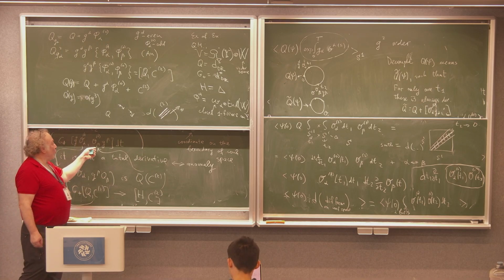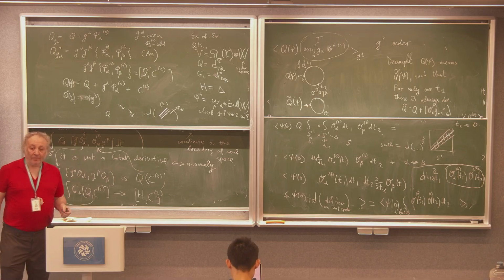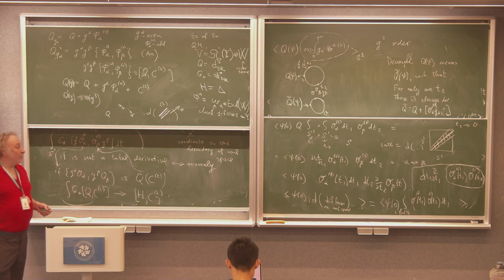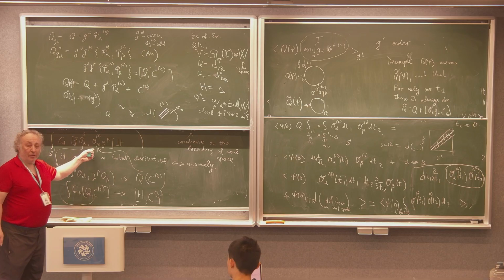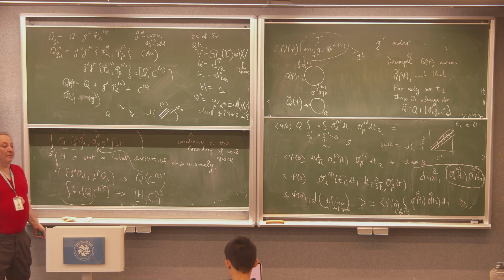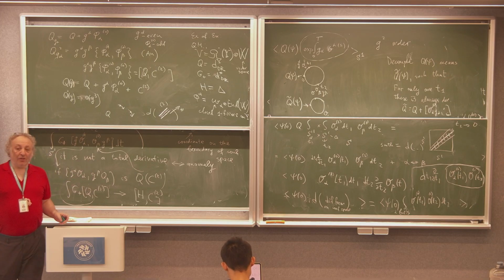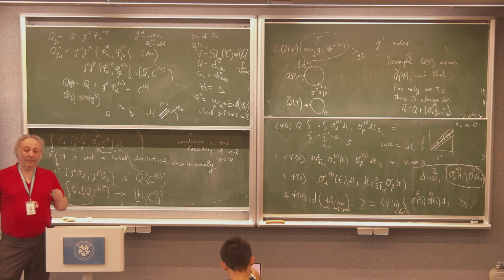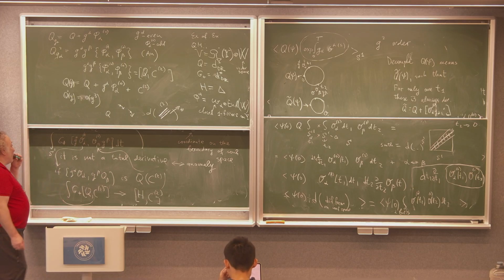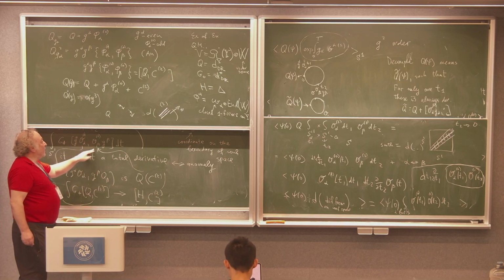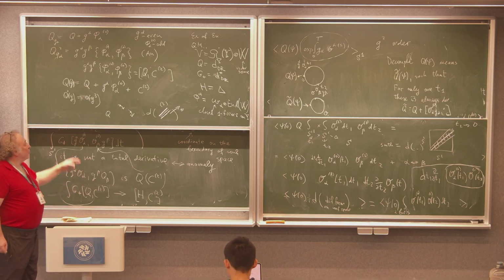And if this contribution of a boundary is not zero in Q cohomology, I am done. I don't know how to deform. But if it is zero in Q cohomology, I can deform.